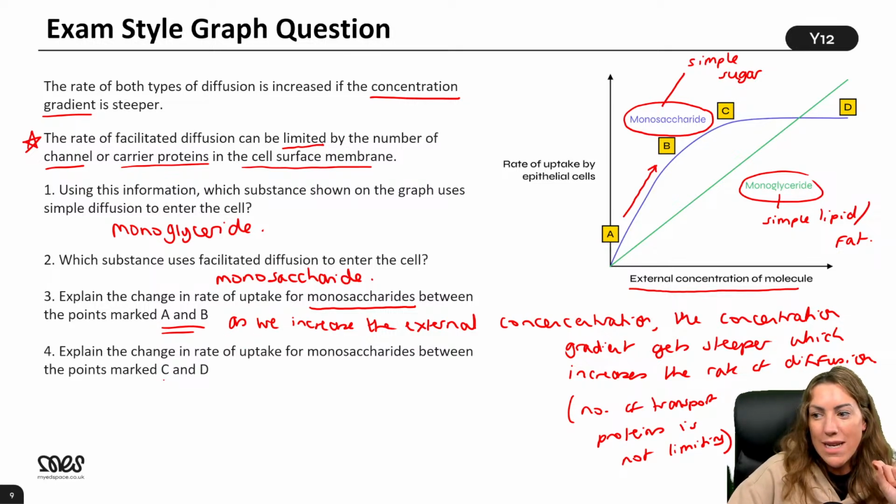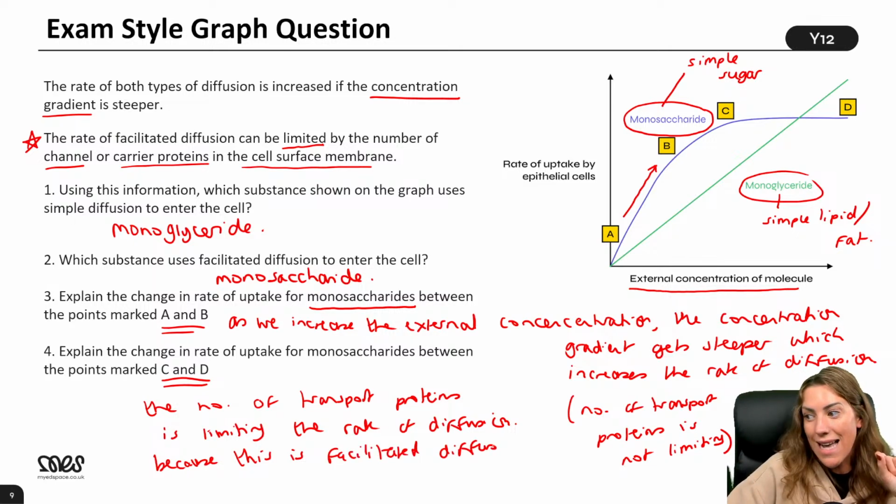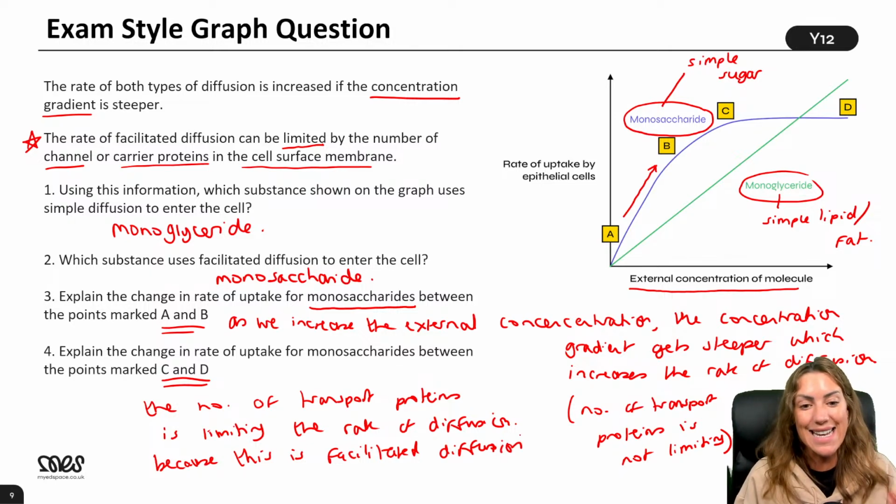But between C and D, the number of transport proteins is limiting the rate of diffusion, because this is facilitated diffusion. This monosaccharide needs a transport protein to get into the cell, and there's only so many of them in the cell membrane.